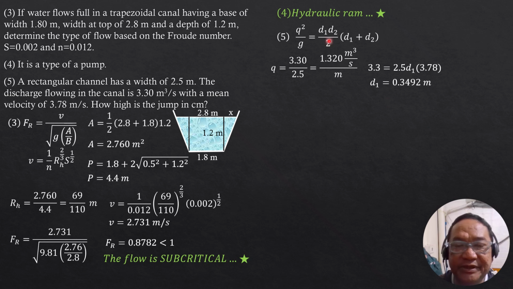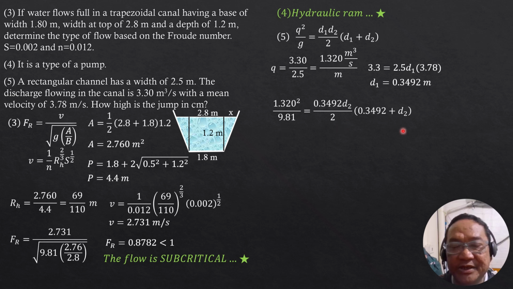Then we substitute into this equation. 1.32 squared over 9.81 equals 0.3492 times depth 2 over 2 quantity 0.3492 plus depth 2. If we simplify, that yields a quadratic equation. Then you can solve D2 by the quadratic formula and using your calculator, of course, while you can also use your high-tech calculator in solving for depth 2, shift solve.